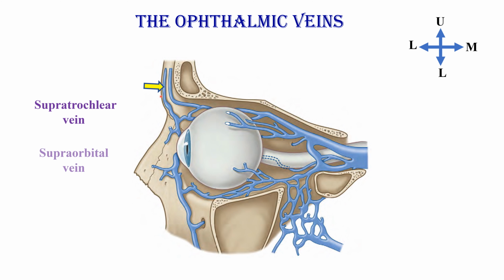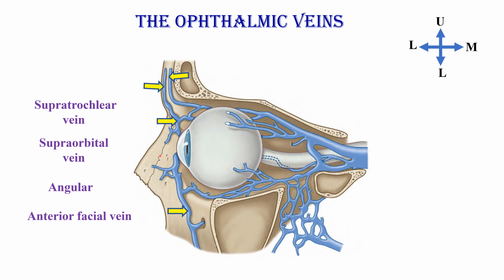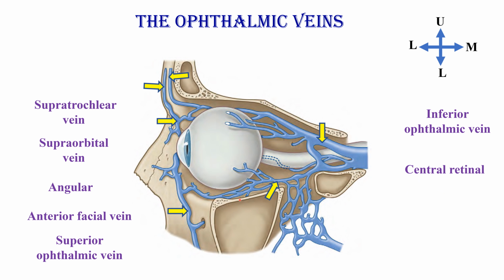That is the supratrochlear, the supraorbital, the angular vein at the inner canthus of the eye, the anterior facial vein, or what we usually call the facial vein, which ends as the angular vein, and that is the superior ophthalmic, and this is the inferior ophthalmic. As we said, it starts as capillaries at the floor and the medial wall, and this is the central retinal vein, that is the cavernous sinus, and this is the pterygoid plexus of veins.